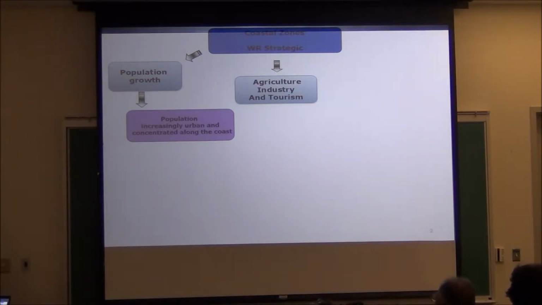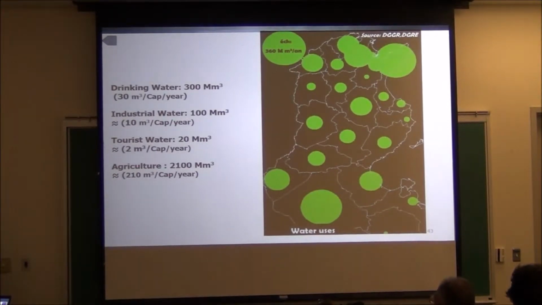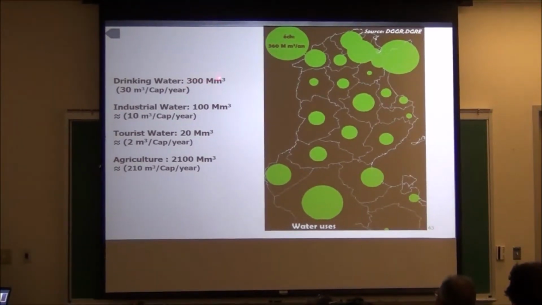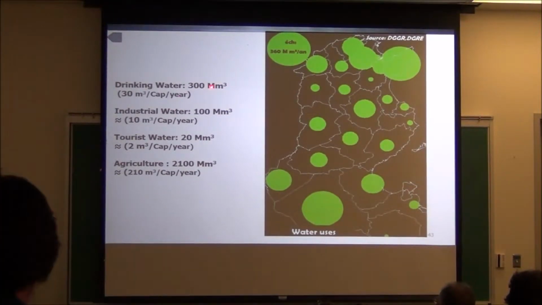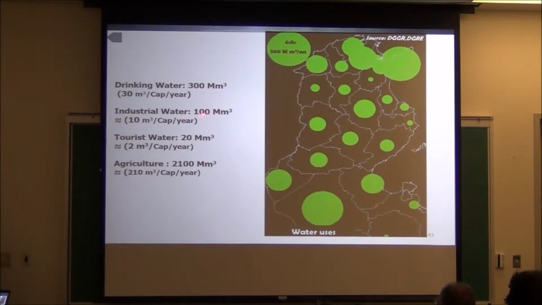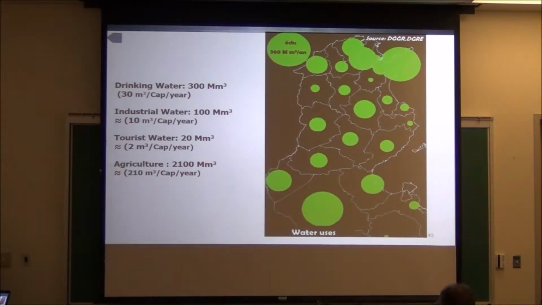So, with development of agriculture, industry, and tourism, we have about 300 million cubic meters for drinking water. The industry is about 100 million cubic meters. Tourism, 20 million cubic meters, and agriculture, 2,100 million cubic meters. Agriculture represents about 80% of groundwater use, and the other sectors, drinking, industrial, and tourism, about 20%.